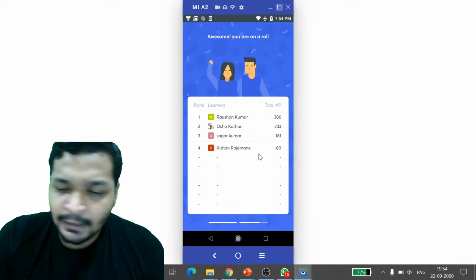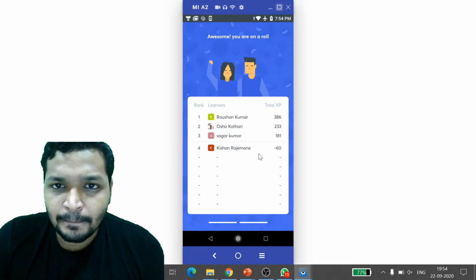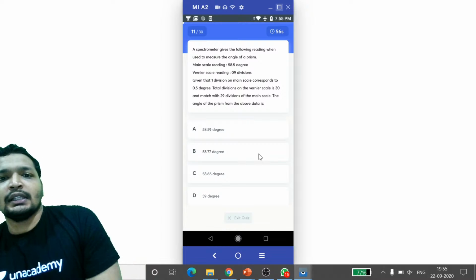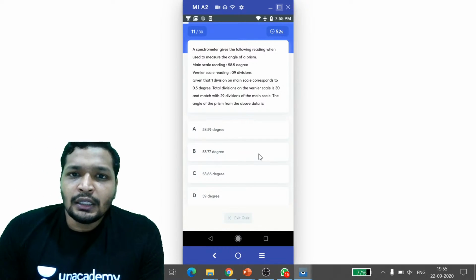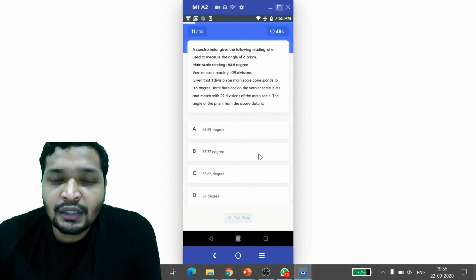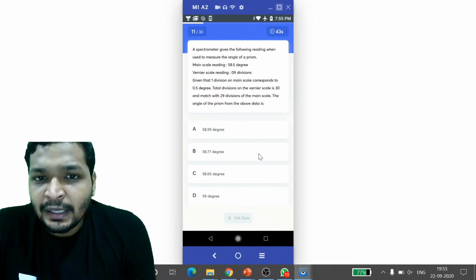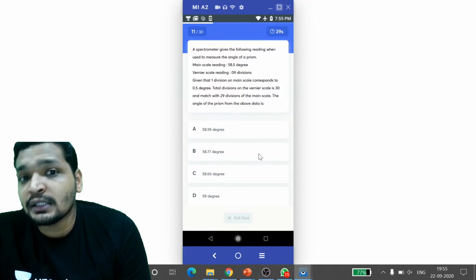Did you get some other answer? Okay, this is an interesting question. So a spectrometer is used to measure the angle, and it gives the following reading when used to measure the angle of a prism, and the main scale reading is 58.5 degrees. So you don't have to worry about the main scale.